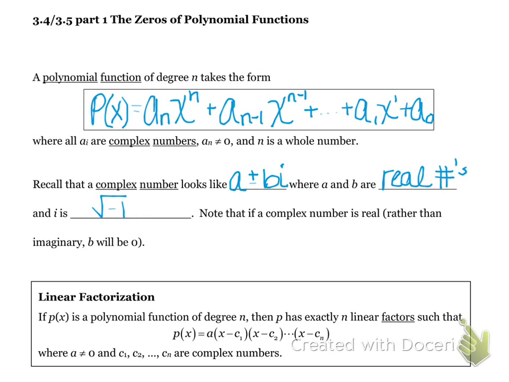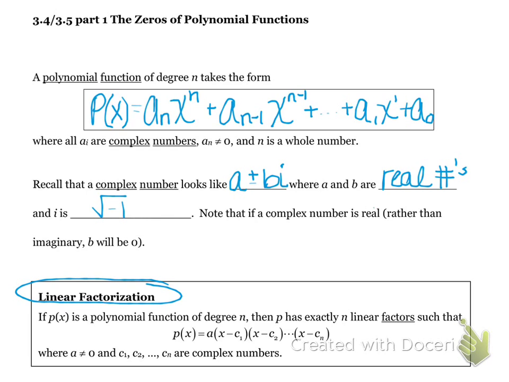So note that if a complex number is real rather than imaginary, b would be 0. So the imaginary part would go away, and then it would be a real number. But if you have a and b and i, this completes our complex number.